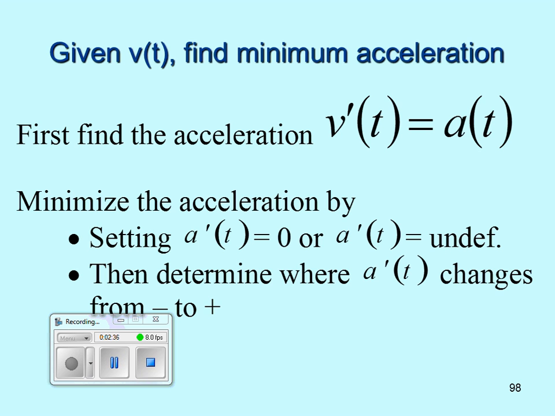Anytime you want to show you have a max or a min, instead of doing a first derivative test where you make the sign chart, if you know the derivative there is 0, and you plug it into the second derivative and it's negative, it's a max. Yes, the second derivative determines concavity.